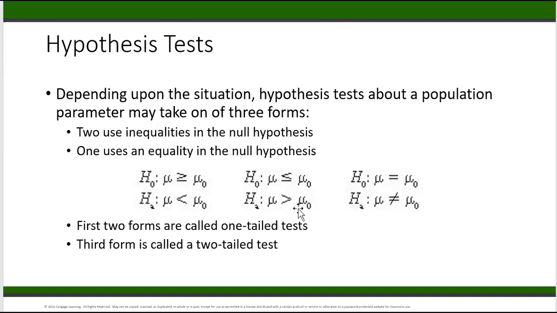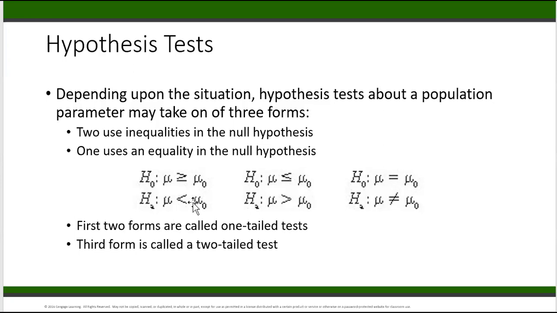Both of these are one-tailed. This one is also called a lower tail test, or a left tail test. This one is called the upper tail test. Again, the reason is that for this one, we're rejecting at the lower side of the distribution.